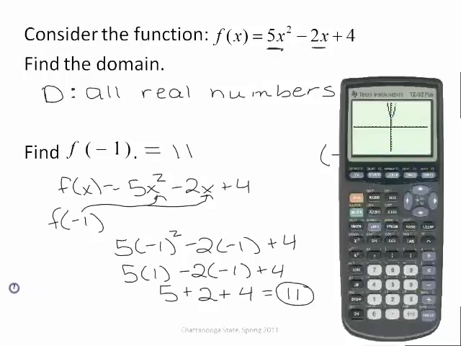So that means if I were asked to find my range, it is going to be all of my y values that are bigger than or equal to 4. So my y would have to be greater than or equal to 4 to be an element of the range.